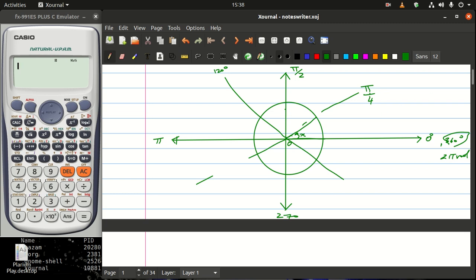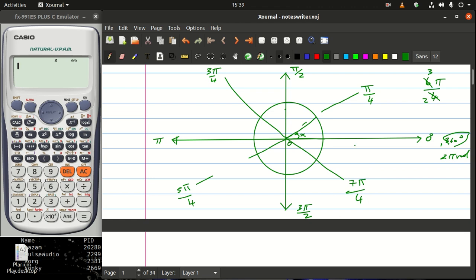So here we have pi over 4, and then pi over 4 times 2 is that, and then pi over 4 times 3 is this angle here, 3 pi over 4, and then pi over 4 times 4 is going to be pi, and then pi over 4 times 5 is going to be 5 pi over 4, and then 6 times pi over 4 is going to be 6 pi over 4, and the common factor here and there is 2, so 2 goes 3 times, here it goes 2 times, so 270 is going to be 3 pi over 2, and then 7 times pi over 4, this is going to be 7 pi over 4, and then here we have a 2 pi.